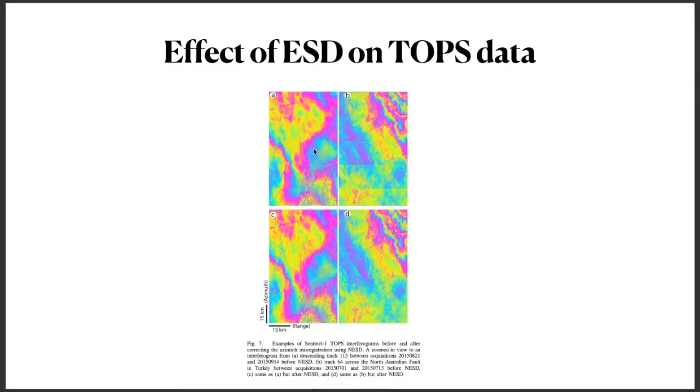I believe the unwrapping artifact you saw in the previous example was either a frame boundary or a burst boundary. So that's why when we were talking about topsApp, I said I usually turn on ESD for all processing, at least for my work.